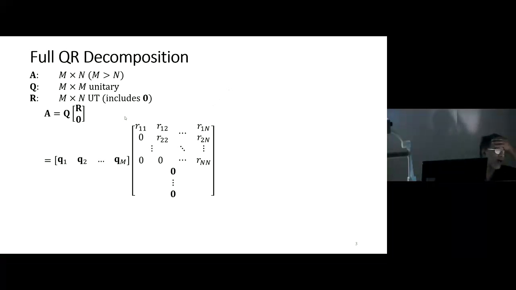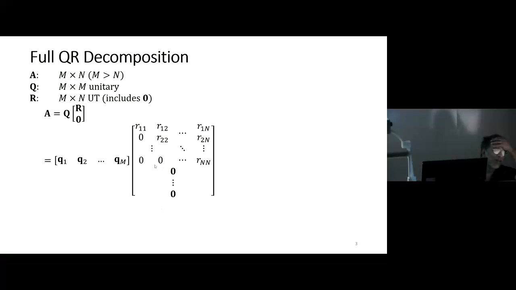This R is full rank. So this is a full rank matrix, upper triangular, correct? So its rank is N, and then we have a bunch of zeros.